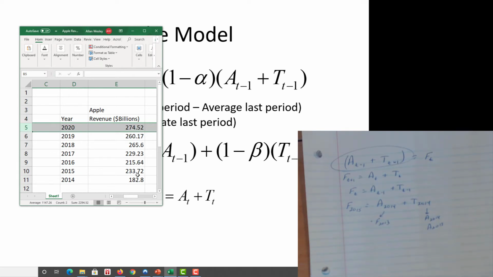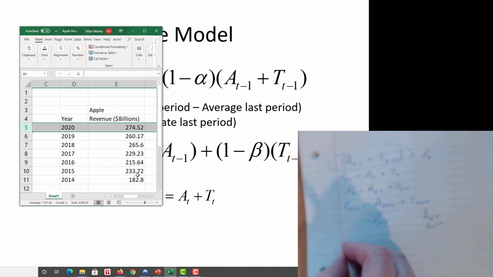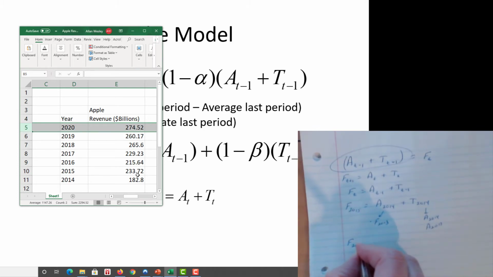So let's look at making a forecast starting with 2016, right? That way I'll have a little more input on the trend, because I'll be able to look at the difference between revenue in 2014 and revenue in 2015, and get at least an initial, non-murky estimate for what the trend could possibly be.